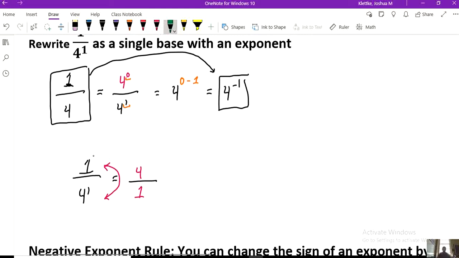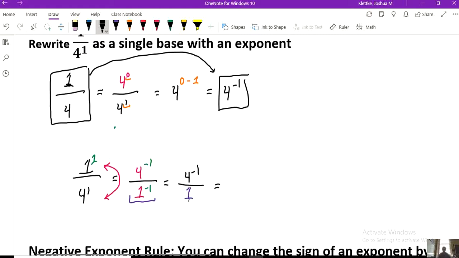I want you to also remember there's an invisible 1 as an exponent on everything if there is no exponent. So from here, we would change this to negative 1, and we change this to negative 1. And 1 to any power is just 1. 1 to the second power is 1. 1 to the millionth power is 1. 1 to the negative first power is still just 1. 4 to the negative 1 power stays as 4 to the negative 1.